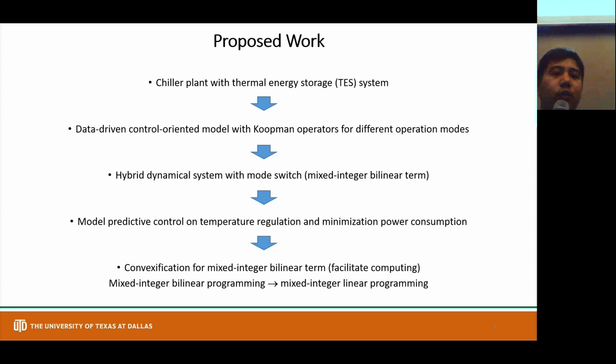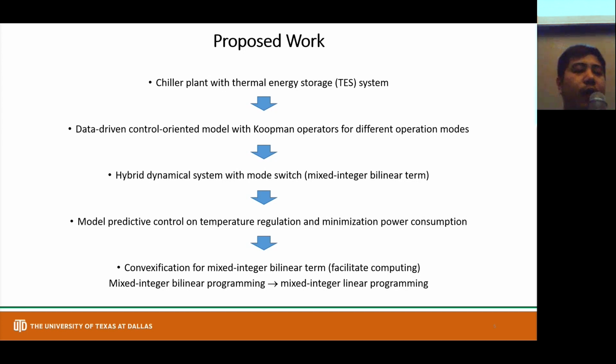So our proposal is to try to optimize the mixed integer program globally. We propose a workflow where we first build a chiller plant with an energy storage system, and then collect data from the Modelica simulation and build a data-driven controlling model with Koopman operators for different operation modes.